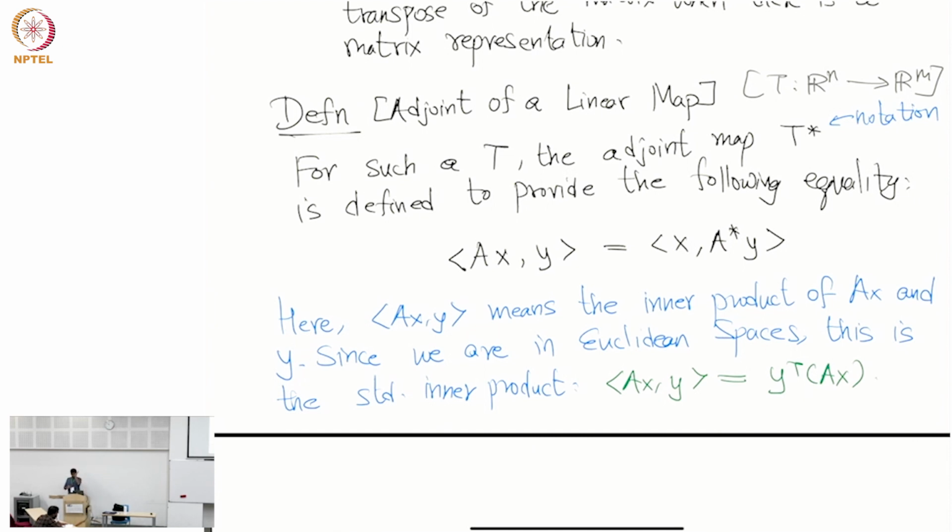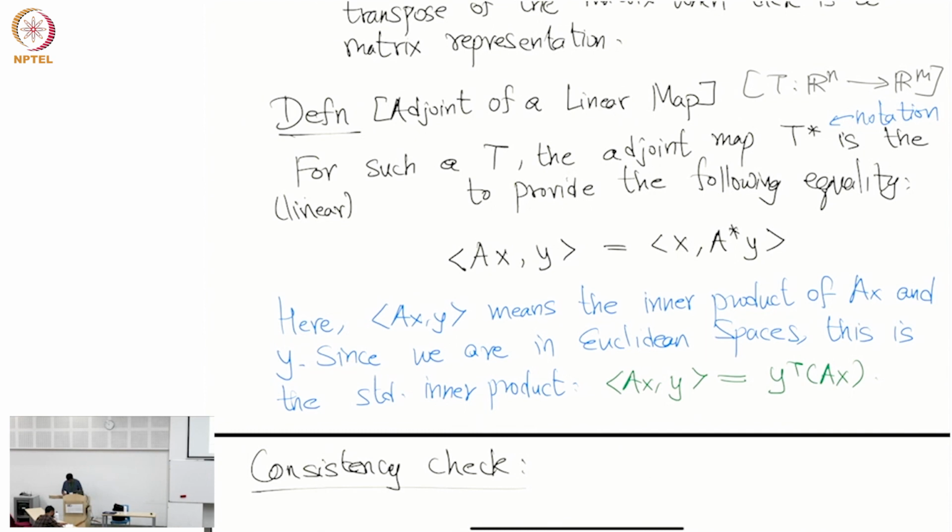Okay, so let's do a quick consistency check. The adjoint map T star is the linear map that provides the following equality.